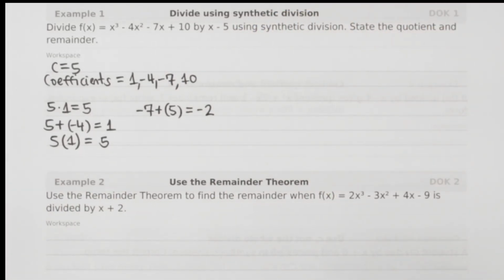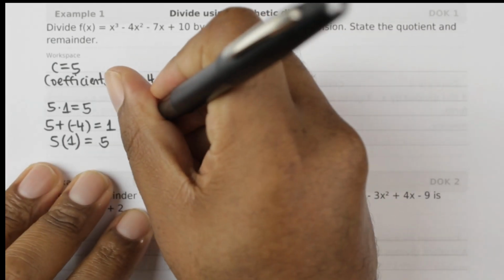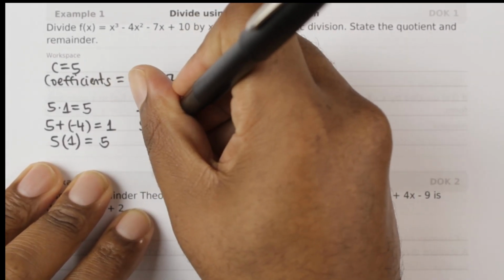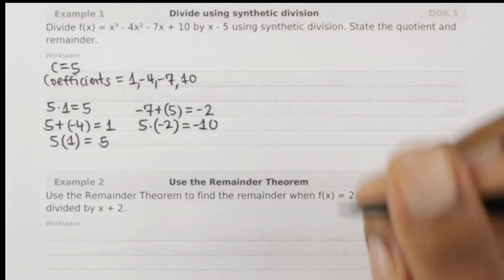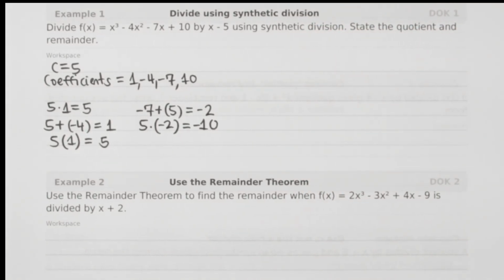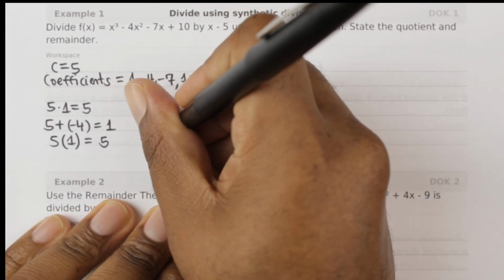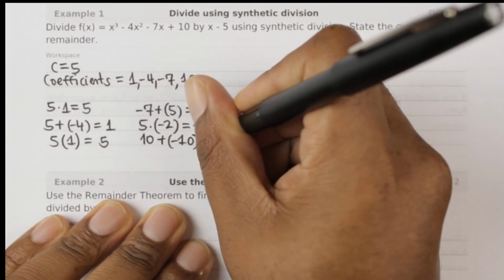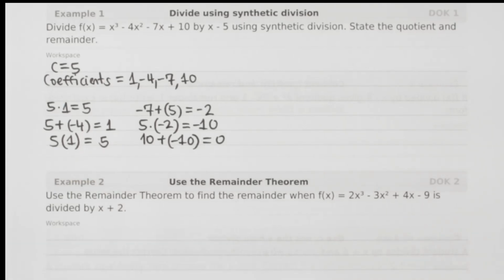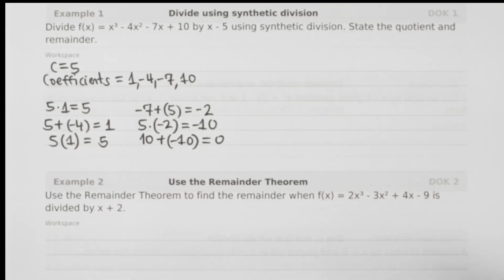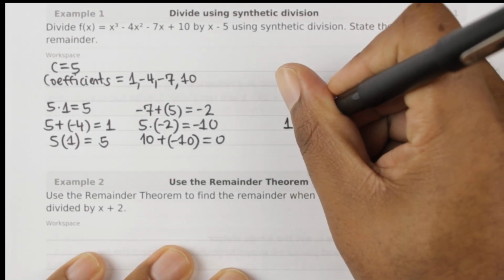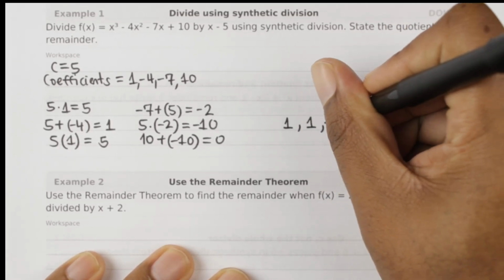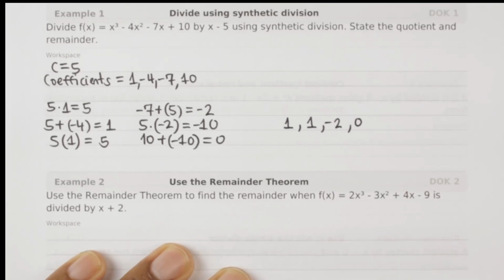Now multiply 5 times -2, and then add 10 and -10. So the bottom row is 1, 1, -2, 0.